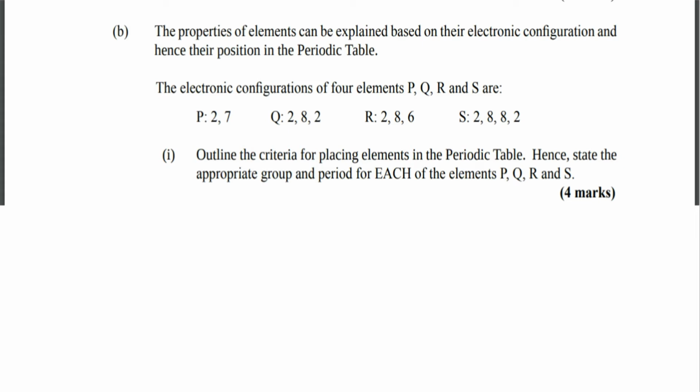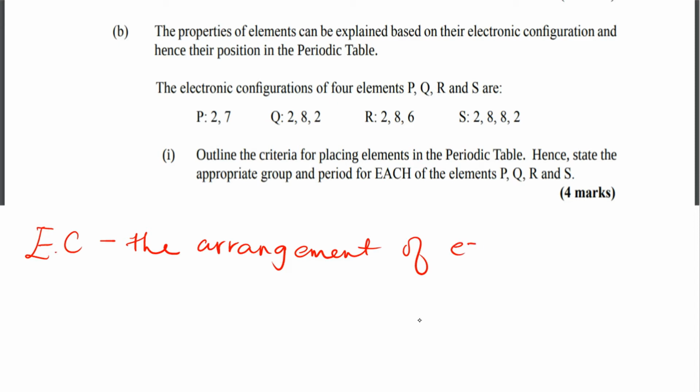So first, electronic configuration is essentially the arrangement of electrons in the shells of an atom.